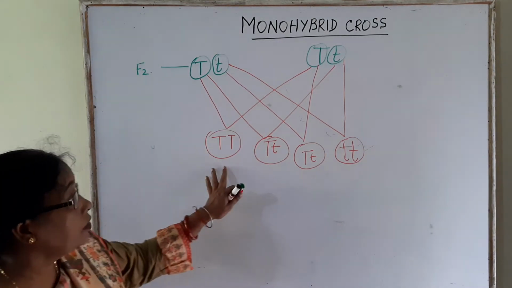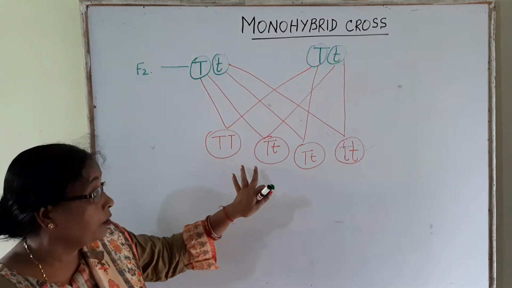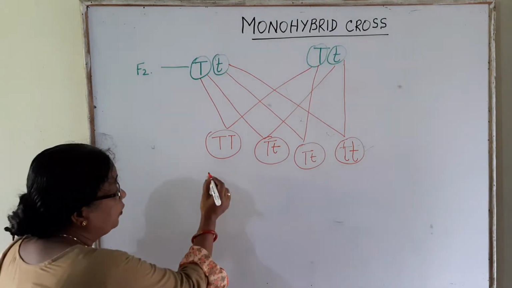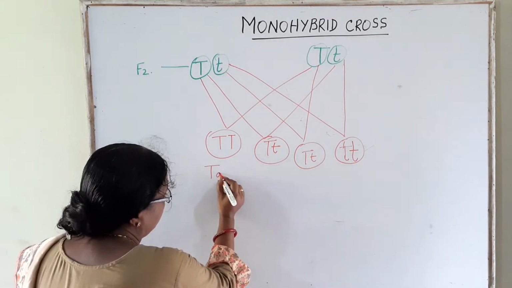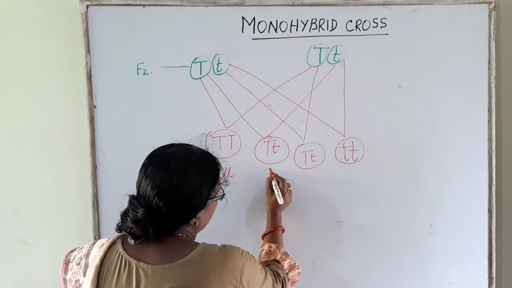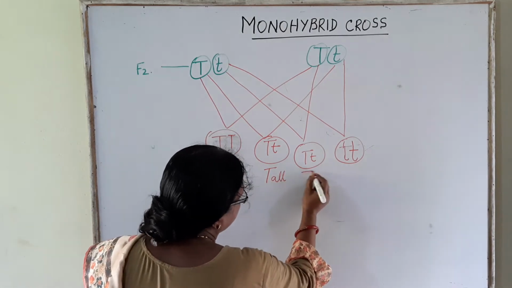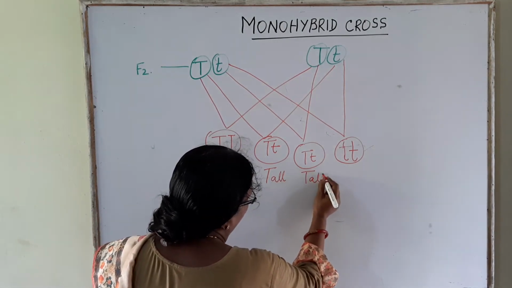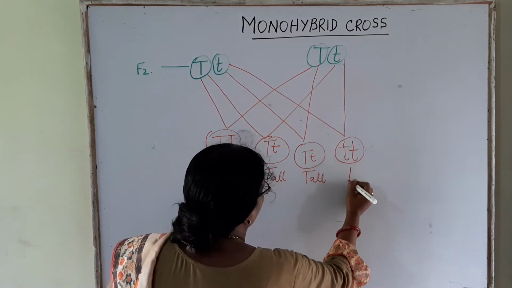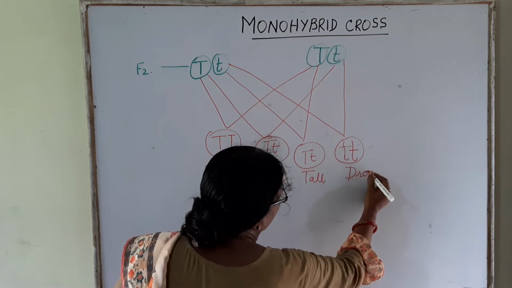So these are the progenies Mendel got after selfing in the F2 generation. That means one is pure tall, and these two are hybrid tall. These are also tall, but they are hybrid tall, and this is pure dwarf. So this is pure dwarf, or the pure recessive character, was seen.